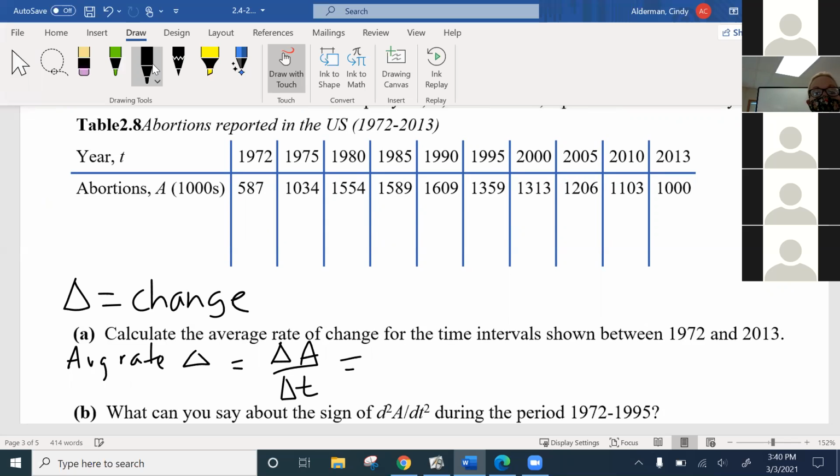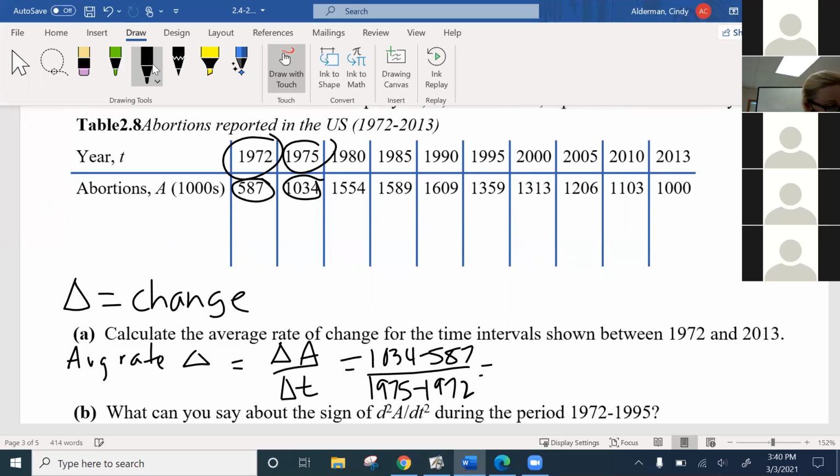Okay, so we're going to take 1,034 and subtract 587. So 1,034 minus 587 over 1975 minus 1972. Just slope, right? And if you do that, you will get 447 over 3, which is equal to 149.